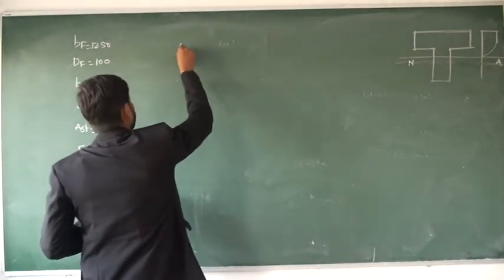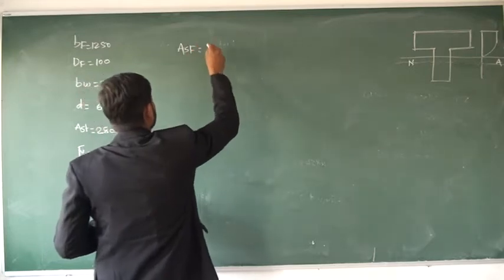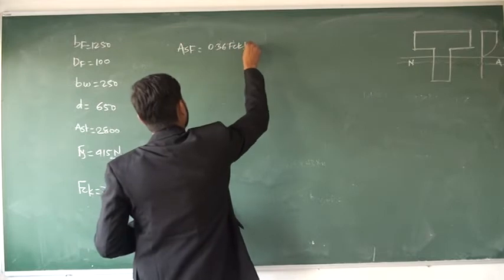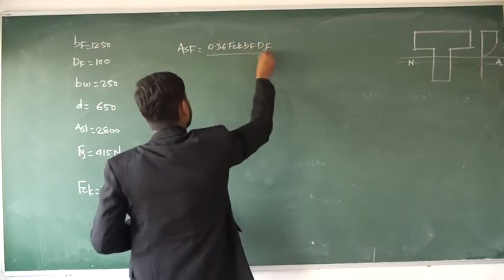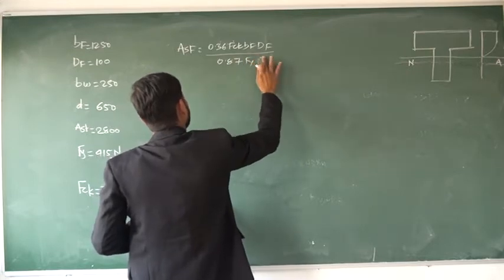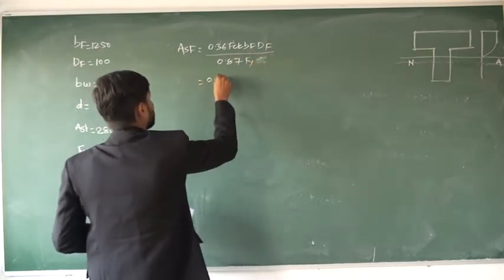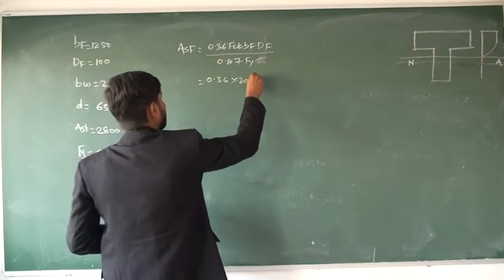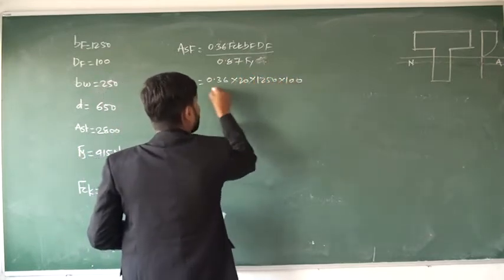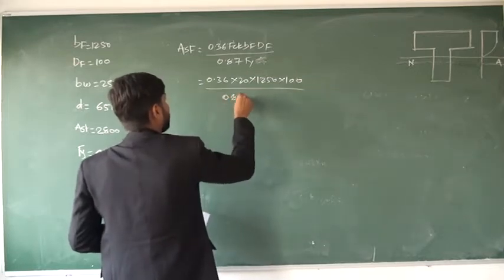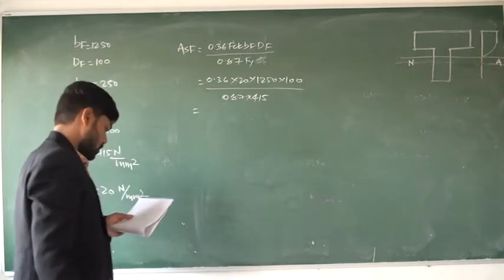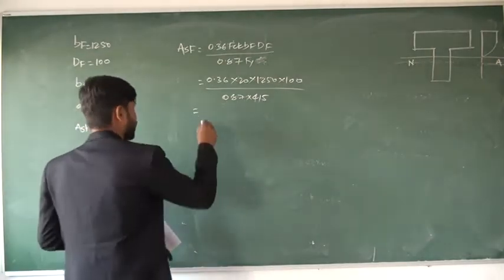First find out Astf value, that is 0.36 fck Bf Df divided by 0.87 fy. Now 0.36 into fck 20, Bf is 1250, Df is 100 and whole divided by 0.87 into 415. If we calculate this, you will get 2492.